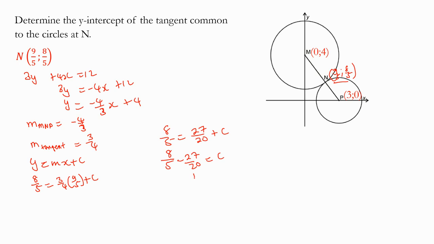So 1 over 4 is equal to c. Therefore, the y-intercept is 1 over 4. We can say the coordinates of the y-intercept will be what? 0, 1 over 4. Okay.